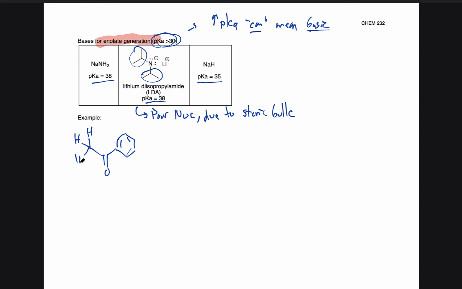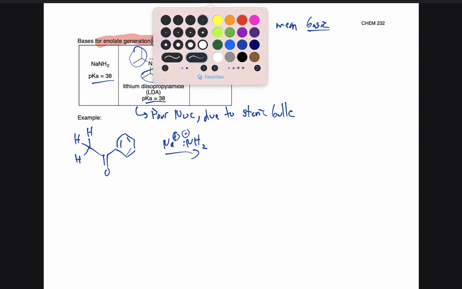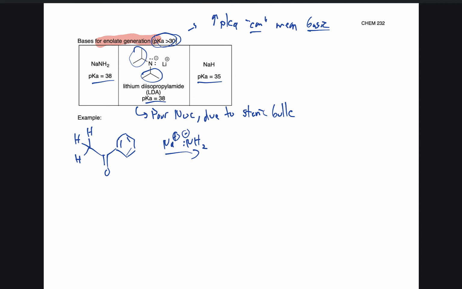We have our hydrogens present, and if we were to make an enolate, and let's use, just for the sake of ease of drawing, this nitrogen here, it's going to come in, grab one of our protons off of the alpha carbon, and we're going to get to our enolate here.